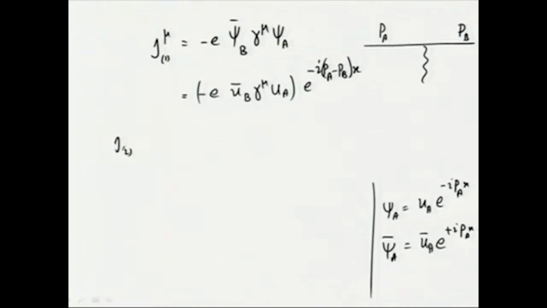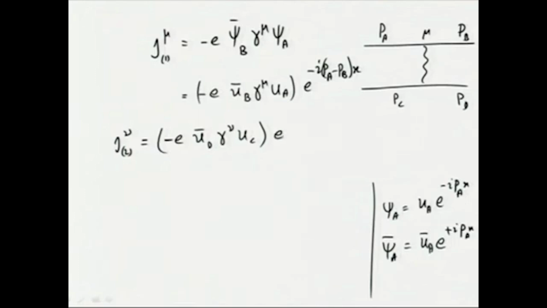Similarly, for the second current, let us consider p c and p d as the initial and final momenta. In that case, I have minus e u d bar gamma nu u c e power minus i (p c minus p d) x.